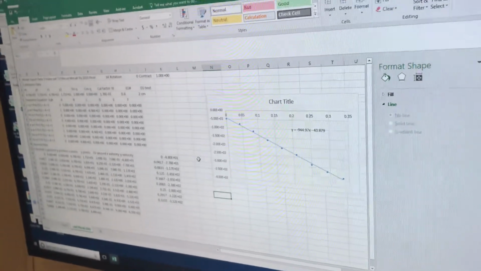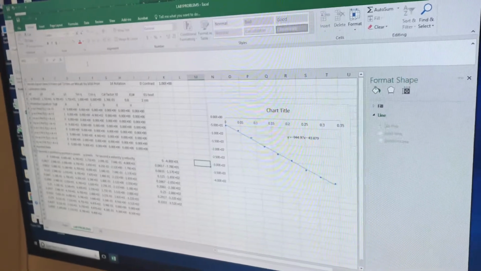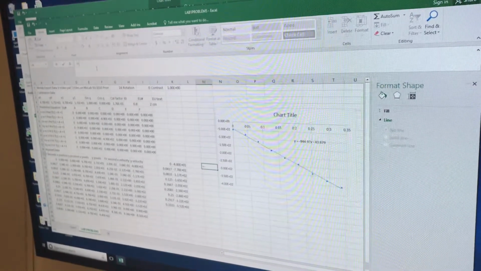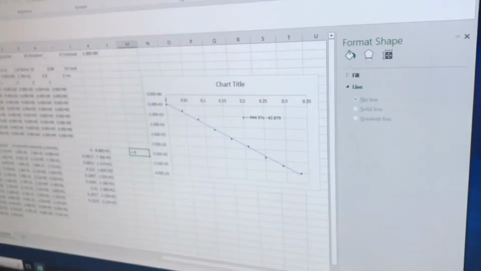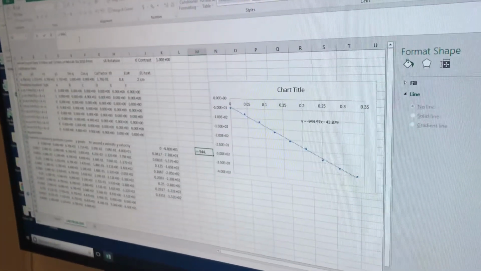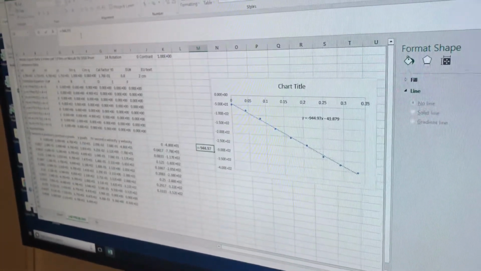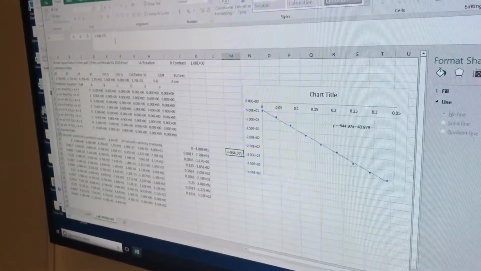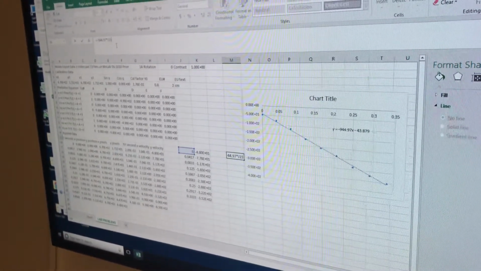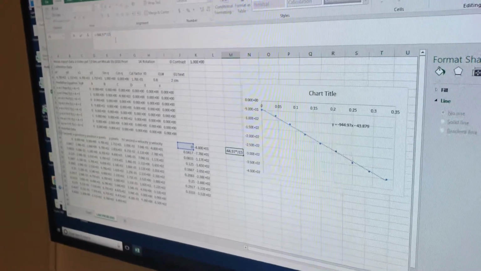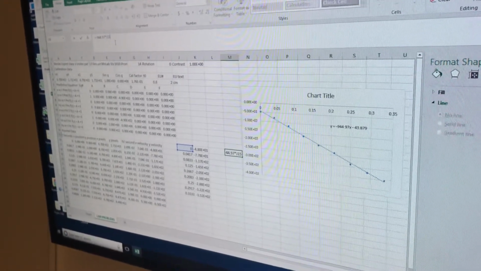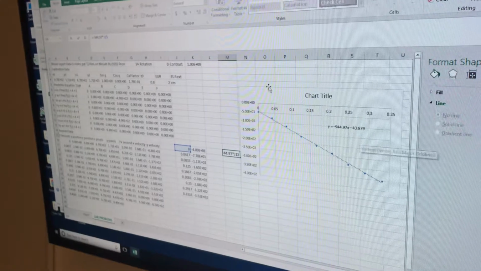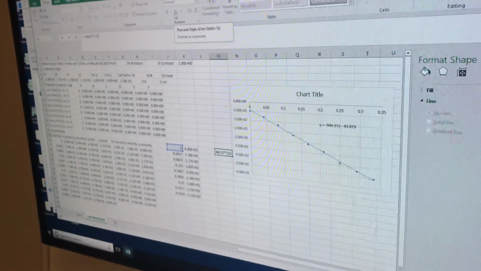So I'm just going to start over here and say equals negative 944.97, and then we need to multiply that by J15. Then we also need to subtract 43,879.